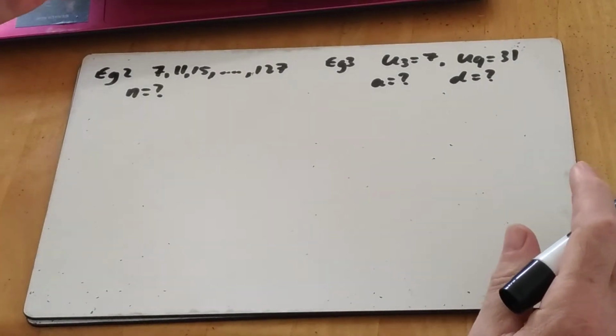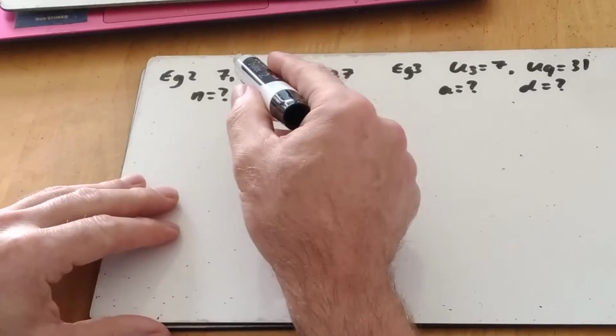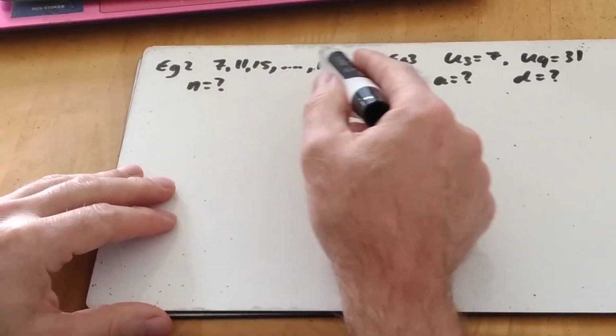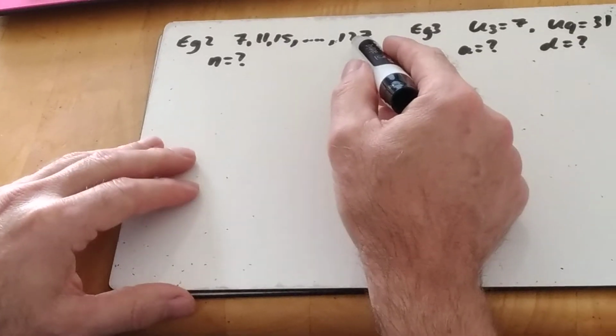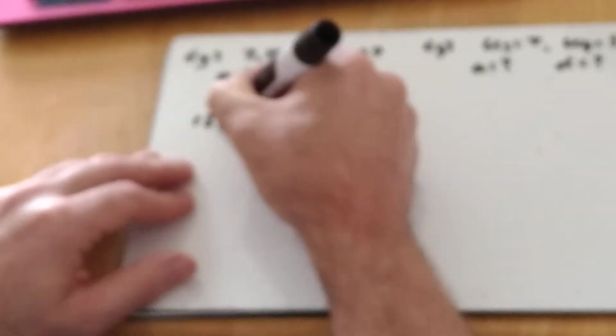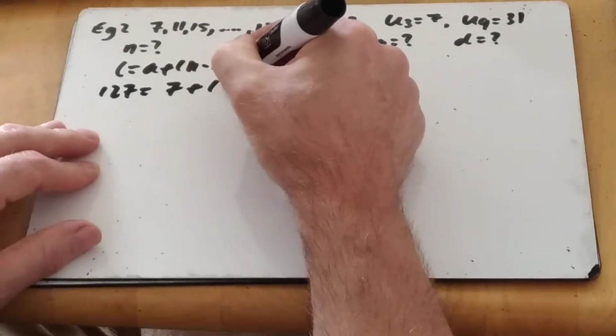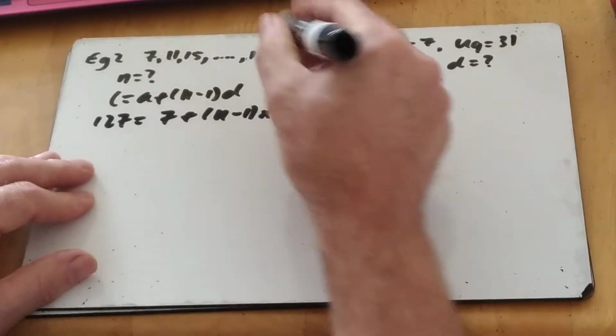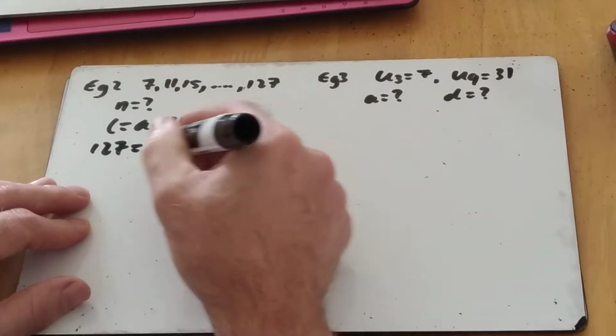Let's have a look at a couple more then. In this case we're given the first term, the second, the third and the last term. So I can use L equals A plus (n minus 1)D, and formalise it: 127 is 7 plus (n minus 1) times 4, since it goes up in fours. Undo it.